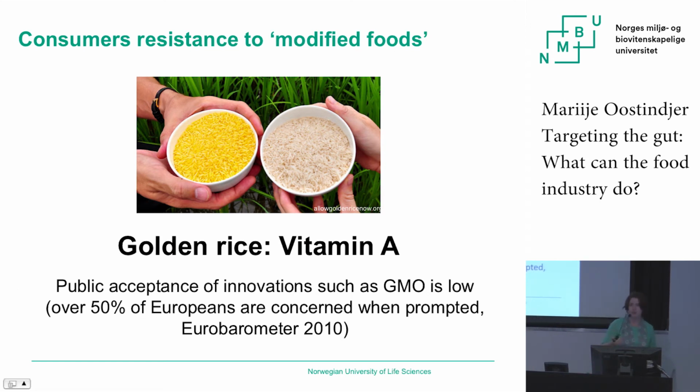So they are concerned when they are actually prompted to say something about GMOs. And this is, of course, a problem for people producing GMO foods, because the regulations say you have to label it. But as soon as you label it, you remind the consumer of what is in the food. And they might have a stronger opinion about such things.